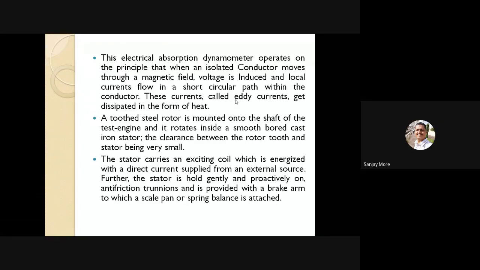Next line. A toothed steel rotor is mounted onto the shaft of the test engine and it rotates inside a smooth bored cast iron stator, comma, the clearance between rotor tooth and stator being very small.